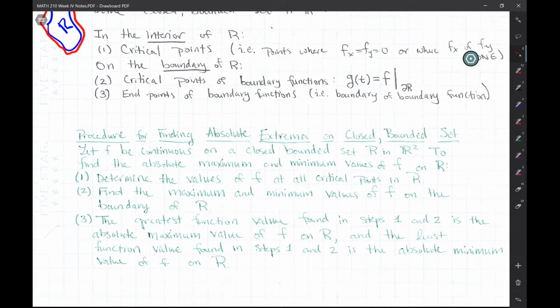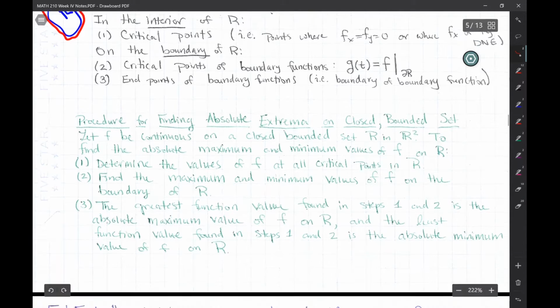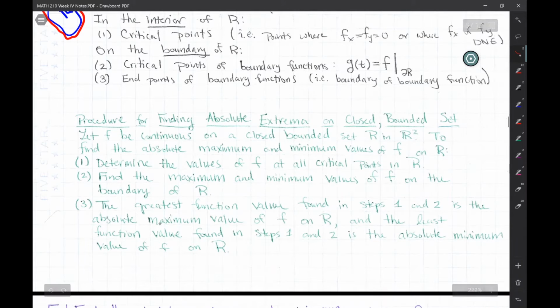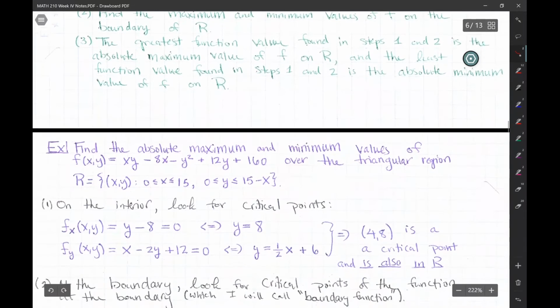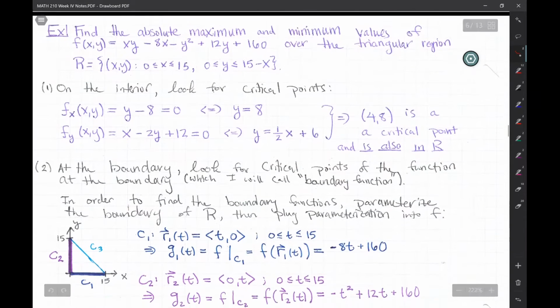When we do an example, you'll see the distinction more clearly. And then finally, once we gather these three different types of points, we plug them into the function and compare. The greatest value will be the absolute max, and the lowest value will be the absolute min. Let's just jump right into it and see an example and see how this works.